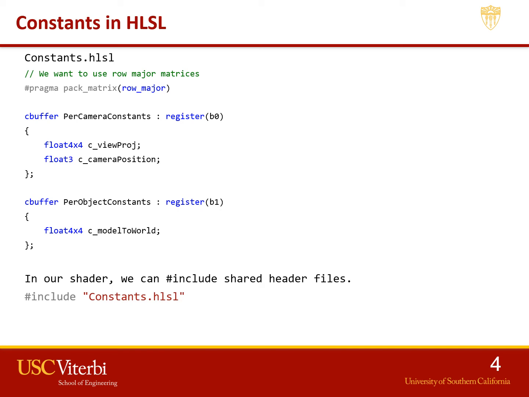What we're going to do is we're going to, on the CPU, create a matrix 4 and a vector 3. We're going to bundle those together, and then we're going to say, hey, GPU, here is a bundle of data that I want you to put on register B0. We're going to tell the GPU that buffer slot index 0 contains this bundle of data, and if I've done my job correctly, that bundle of data will map to this structure.